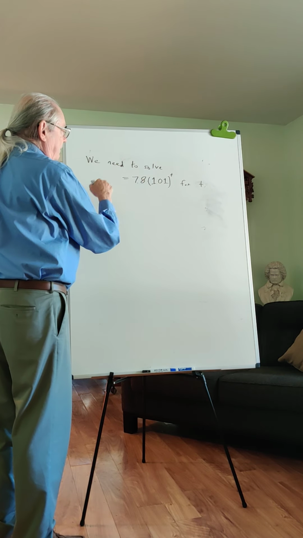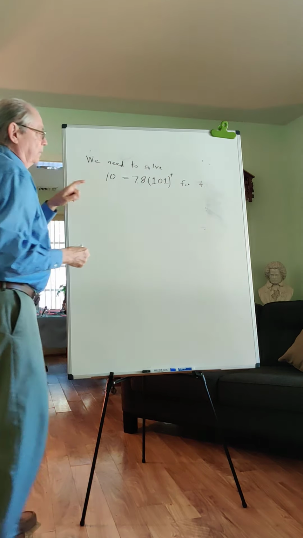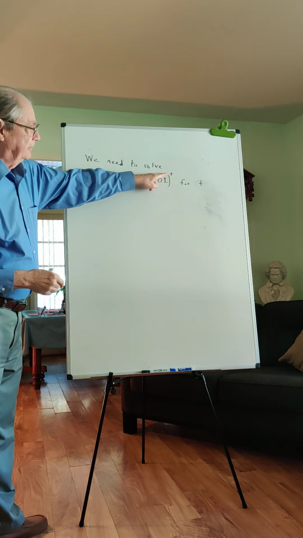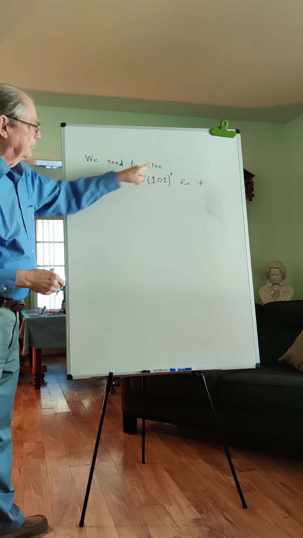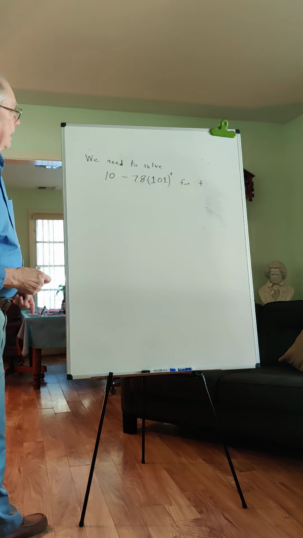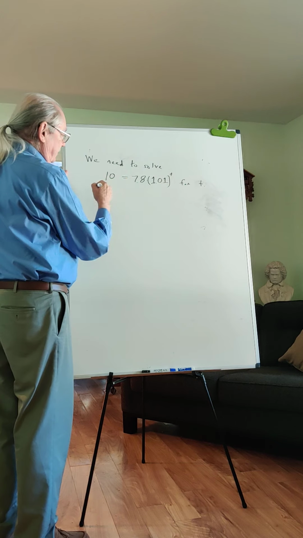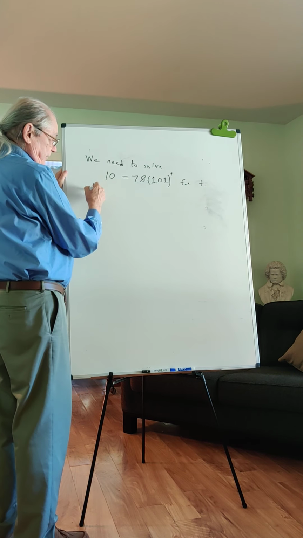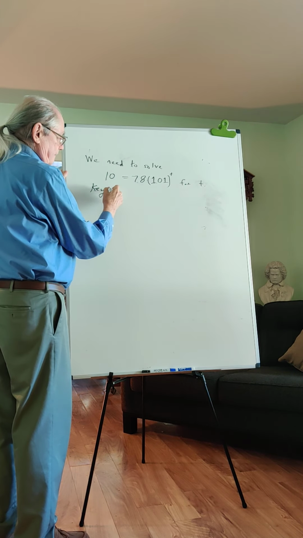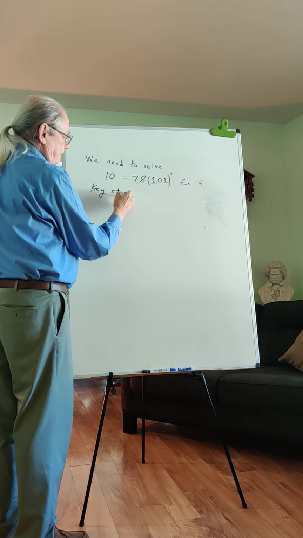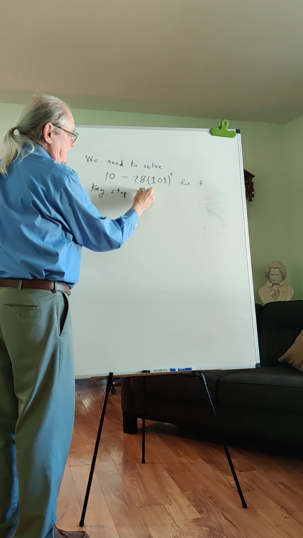Now we're reversing it. We're given a future population and asked to find the number of years to achieve that population. Okay, so the key step is take logarithms of both sides and simplify the right-hand side. Let's see how that works.